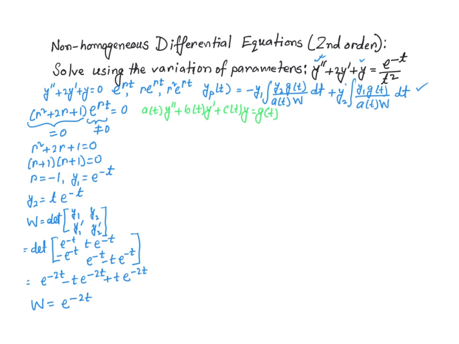That's the general format or structure for second order linear non-homogeneous differential equations, okay? And if g of t is 0, then it's homogeneous, of course. Now, a of t is the coefficient of y double prime, as you can see right here and here. W is the Wronskian, which we already found here. And then y1 is the solution we found here, and y2 is the solution to the corresponding homogeneous equation we found there.